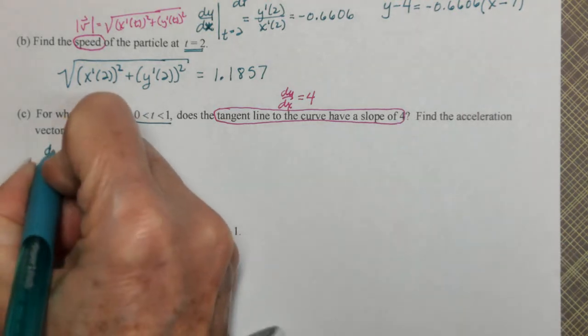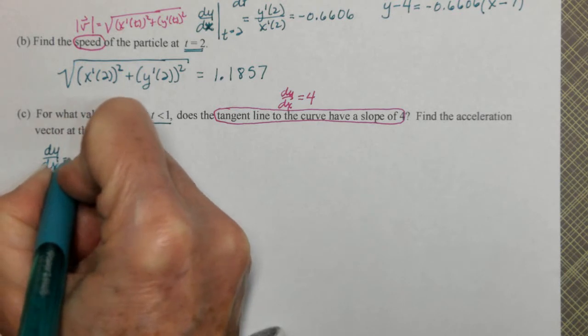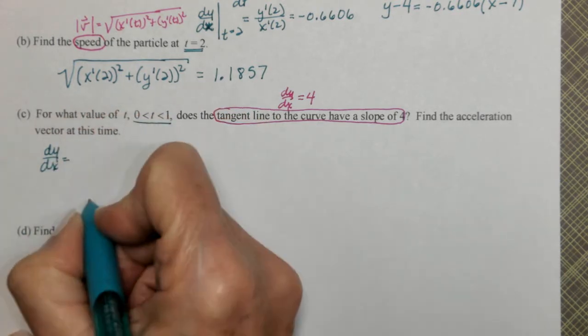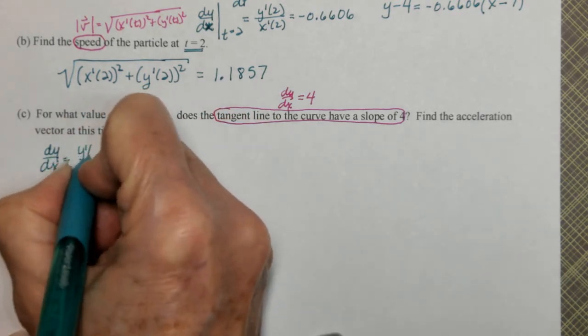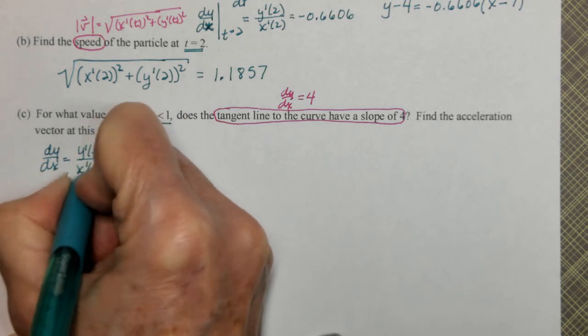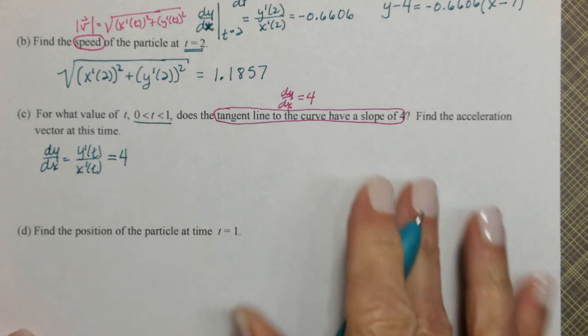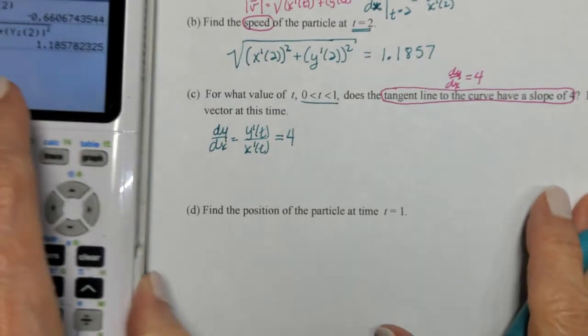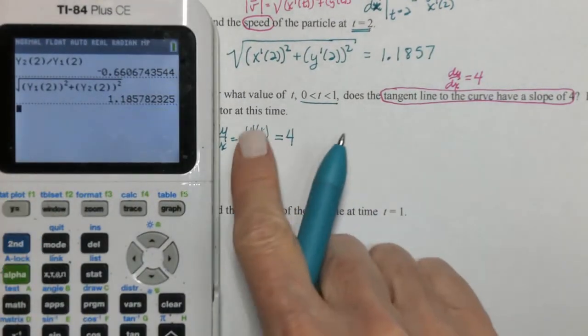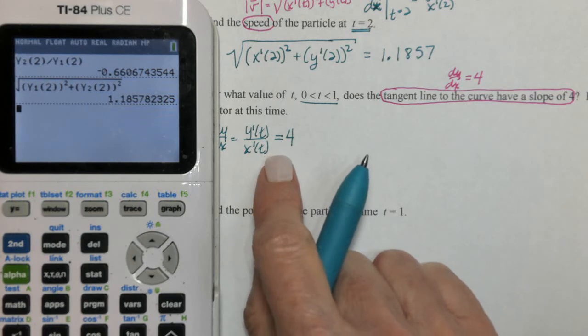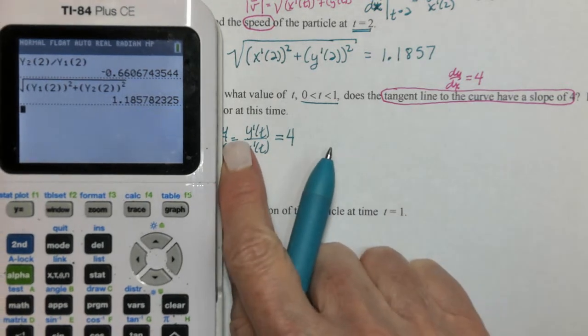So dy/dx is dy/dt over dx/dt, or y prime of t over x prime of t. We want that to be 4. I'm going to let my calculator do it for me. So what I see here is an equation, and I'm going to let my calculator solve that equation.